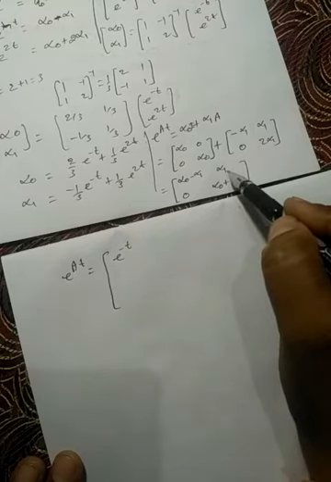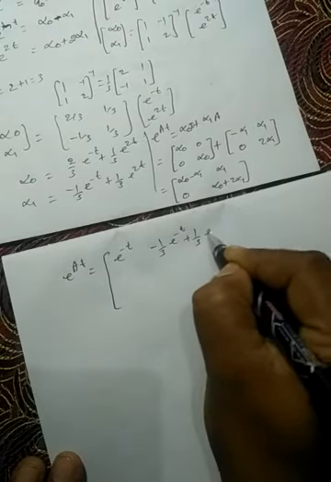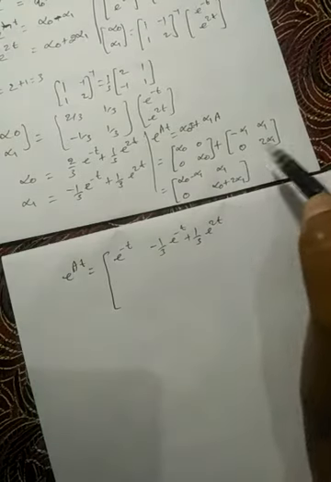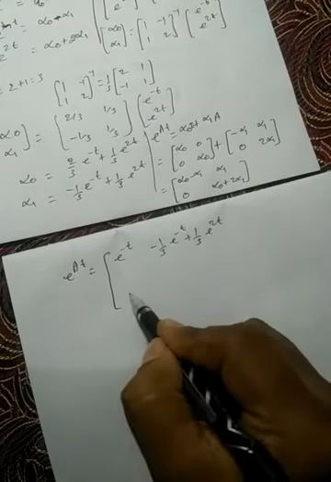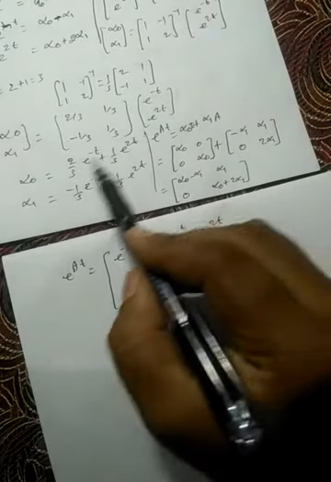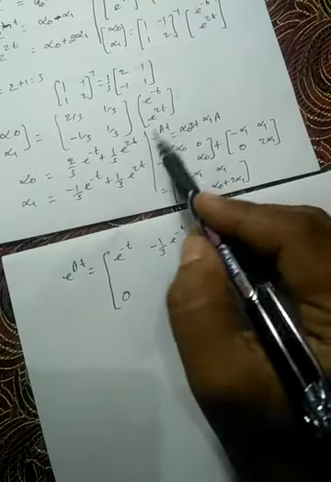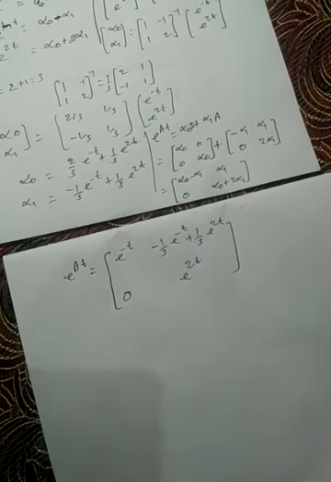Then here we have alpha 1, which is -1/3 e raised to minus t plus 1/3 e raised to 2t. After that we have 0, and here alpha naught plus 2 alpha 1: with 2 alpha 1 the 2/3 terms cancel out and 3/3 comes, giving e raised to 2t. This becomes your phi(t) matrix. Okay, so in this way you can find your state transition matrix easily.